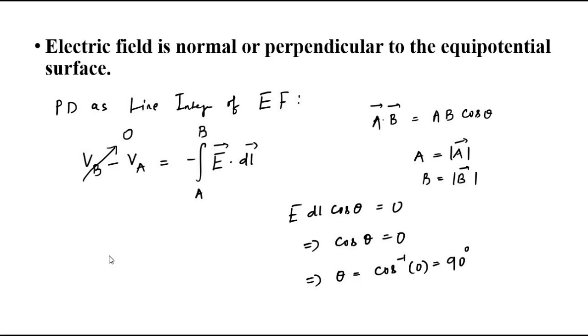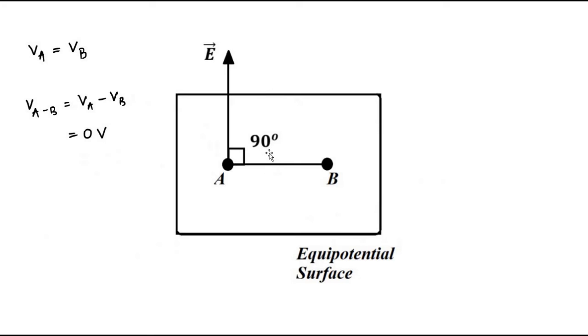It means that the angle between the displacement vector and the electric field vector is 90 degrees, and dl here means the displacement. The electric field vector is at 90 degrees, meaning the electric field vector is perpendicular to the equipotential surface.